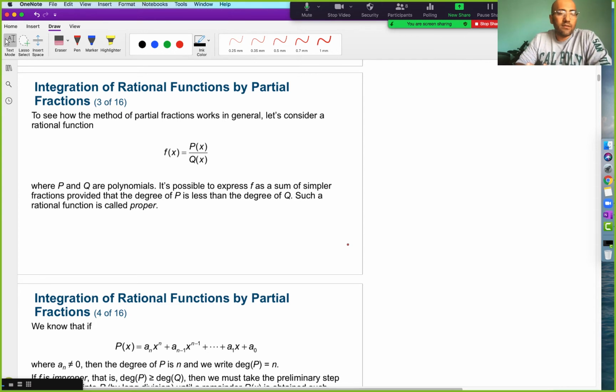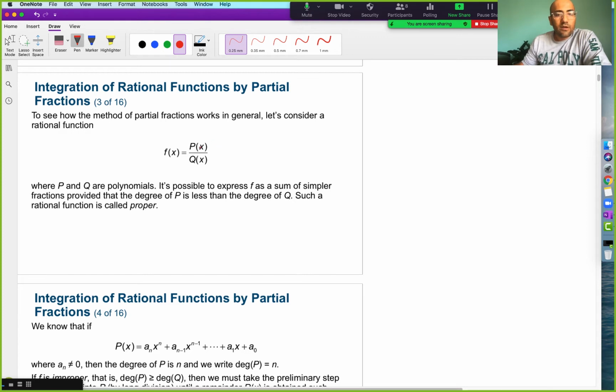So if we have some function f of x, which is defined as a giant fraction where the numerator itself is a polynomial and the denominator itself is a polynomial, so some sort of rational function, it is possible to express f as a sum of simpler fractions provided that the degree of p is less than the degree of q; otherwise the rational fraction is called improper.